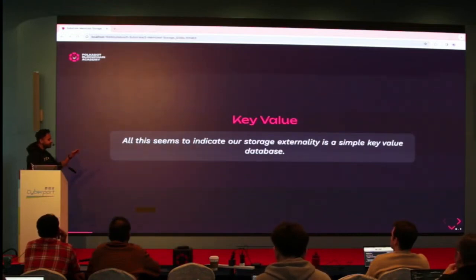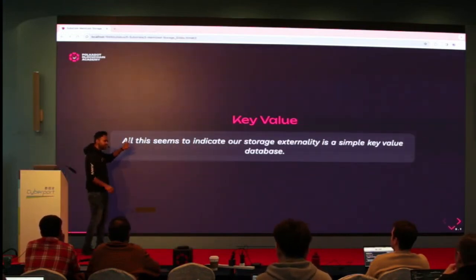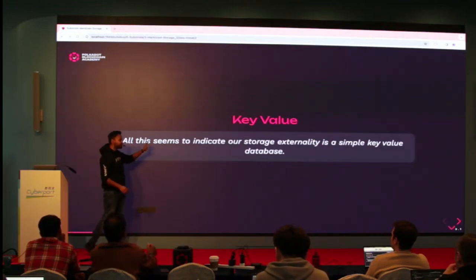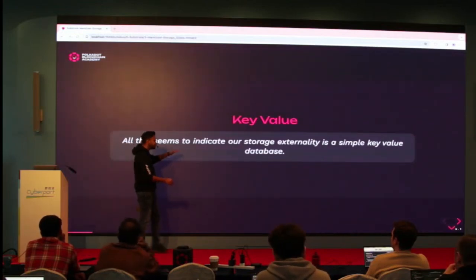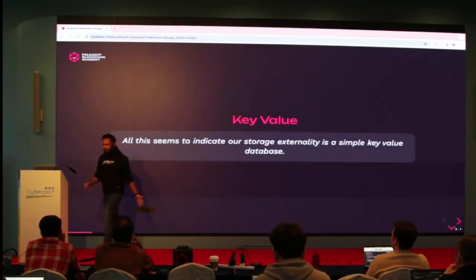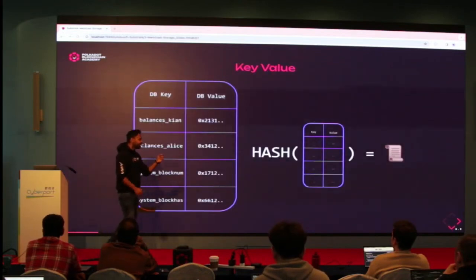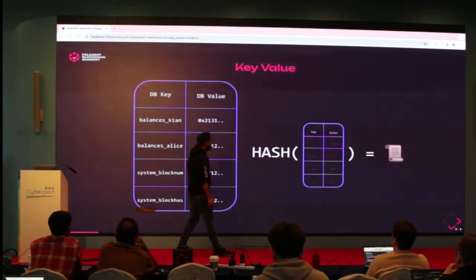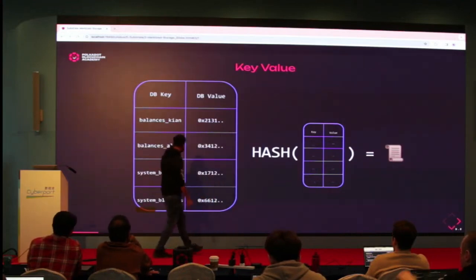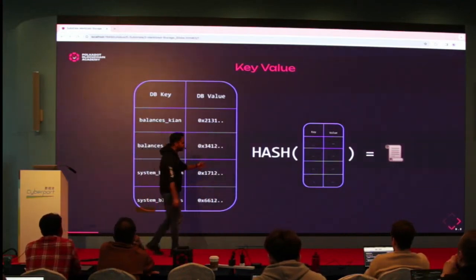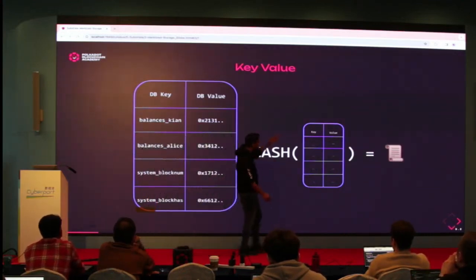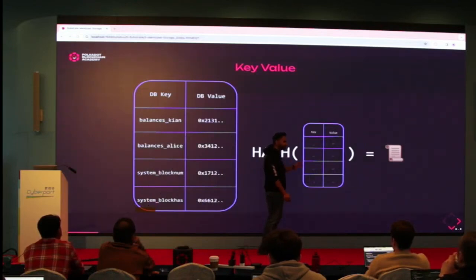If you forget all that you have learned and just saw these sp_io get and set, you'd think it's a key value database. Let's say you have this database of key values, and you can concatenate every key and value and generate a hash. That can be your state root, right? So it can work.